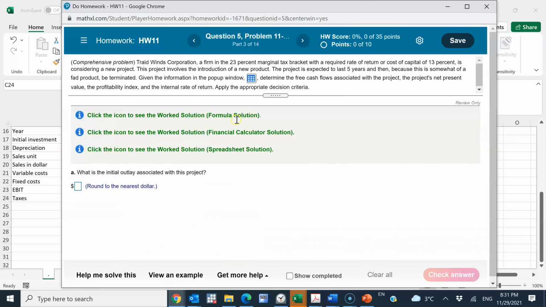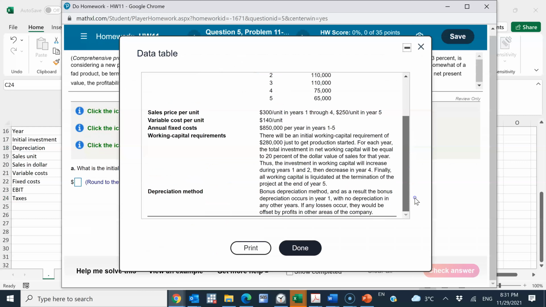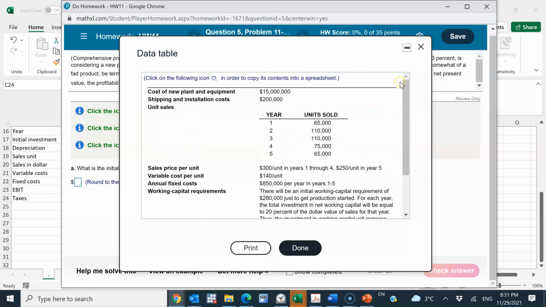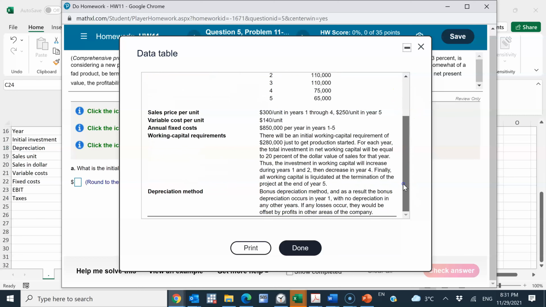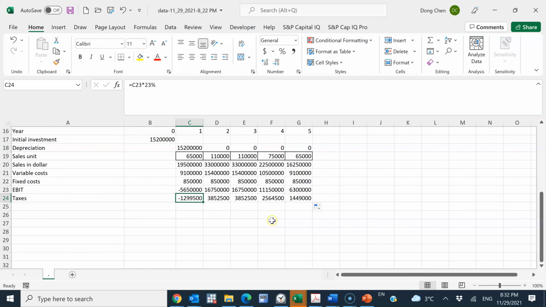You can find what it means by simply looking at the footnote somewhere. So if any losses occur, they would be offset by profits in other areas of the company. So this negative tax doesn't mean that the government is going to pay back the tax to the firm, or that the firm is getting a tax refund.